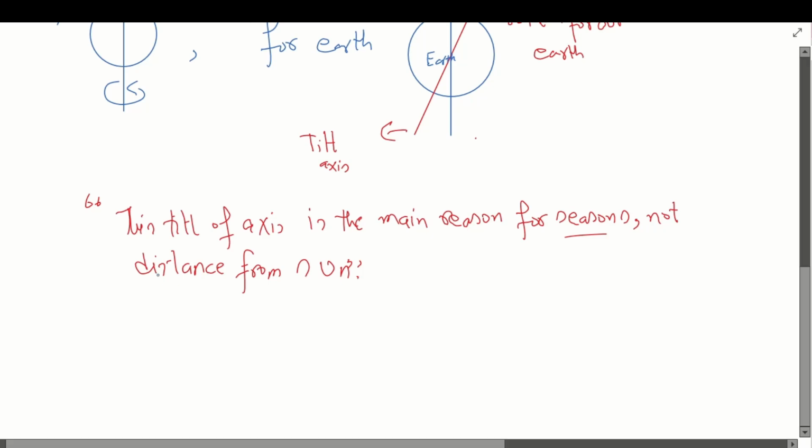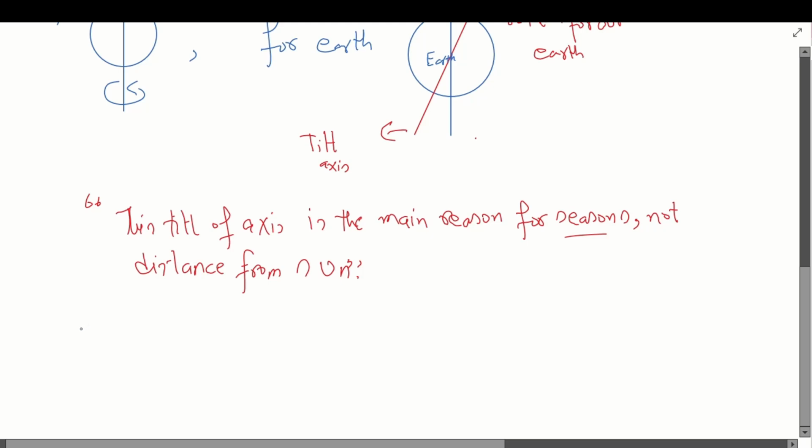So now we understand that the earth's axis is not perpendicular, it is tilted. But how many degrees is it tilted? This is also important information. A few MCQs have covered this topic.